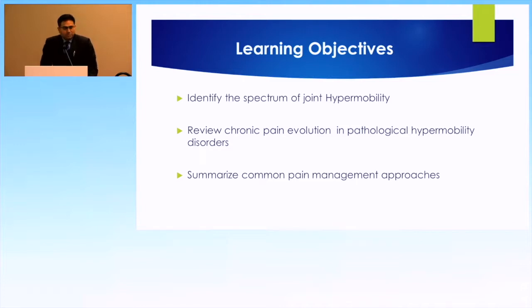But on average, experts agree that 12 to 13% of the population has hypermobility. But that hypermobility can extend from a single joint to the involvement of multiple joints. So what we'll do today is understand what the difference of single versus multiple joint hypermobility means in terms of diagnosis and early detection of disease and appropriate management.